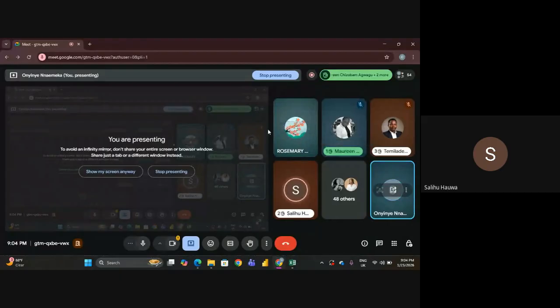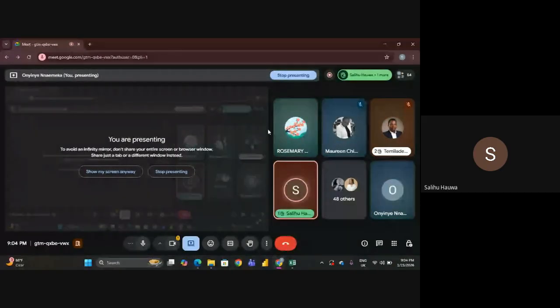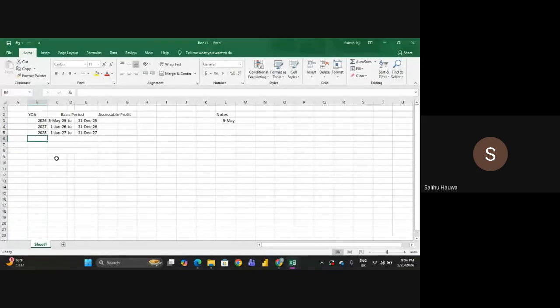Just like the question I asked in the other class, if we start business on November 1st using the new rule, because we are almost at the end of the accounting year, that means you are going to prepare your account from 1st of November to 31st of December, which is 2 months, using the new rule.